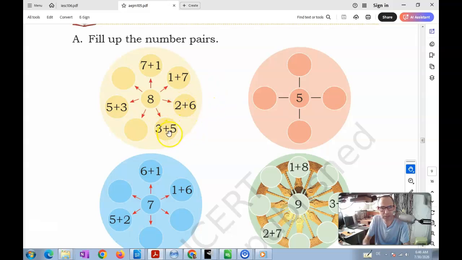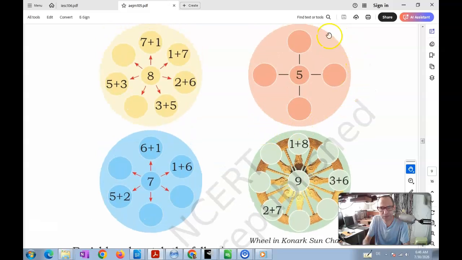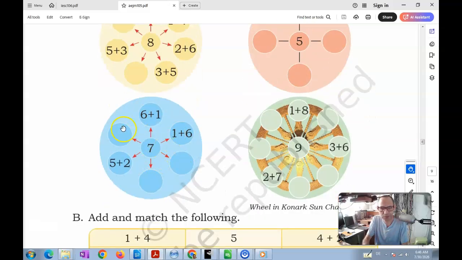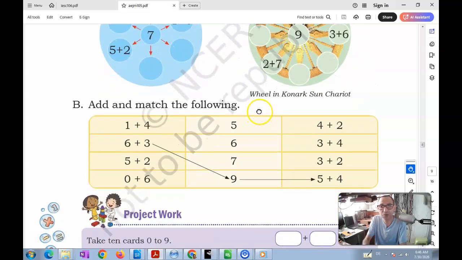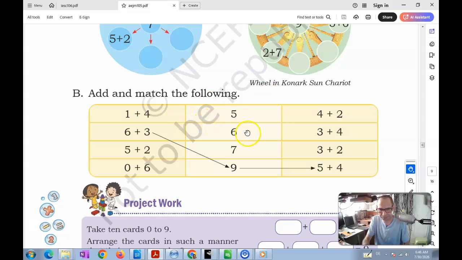Then 2 and 6, 3 and 5, or 5 and 3, and so forth. And in the same way, you can write all the number pairs for 5 or 7 or 9 or any other number that you might have in mind.